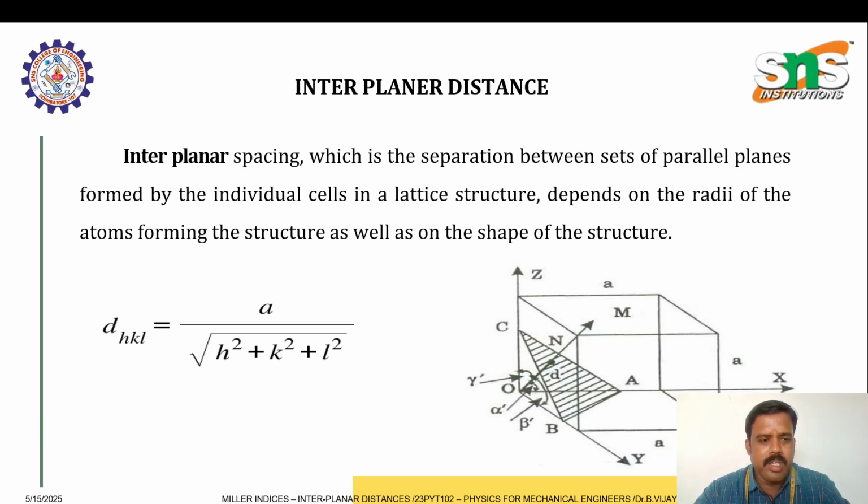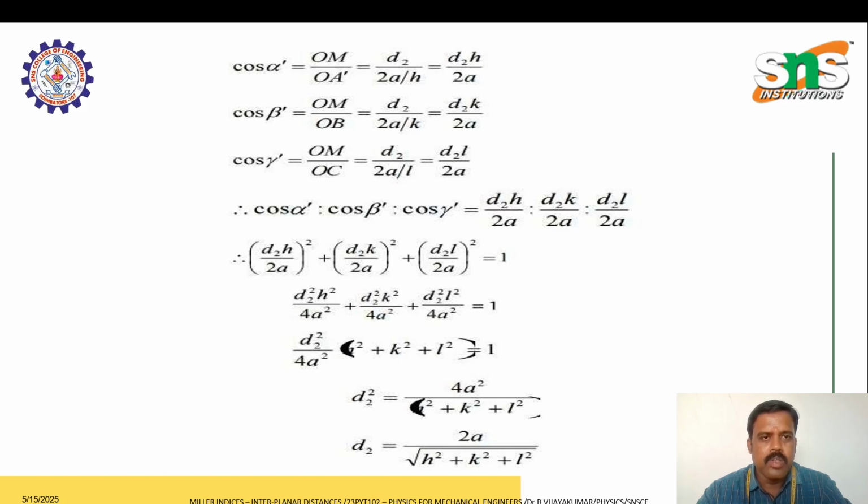Finally we get the formula d equals a by root of h squared plus k squared plus l squared, where hkl are the Miller indices and a is the lattice constant. These are the mathematical steps to the formula. Cos alpha, cos beta and cos gamma are each the ratio of opposite by hypotenuse. From the triangle, we get OM by OA equals d by (2a by h), so d h by 2a.